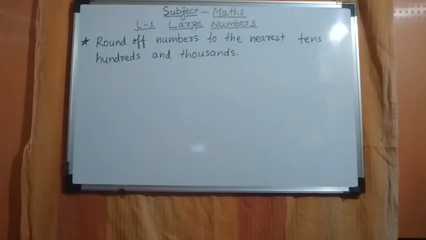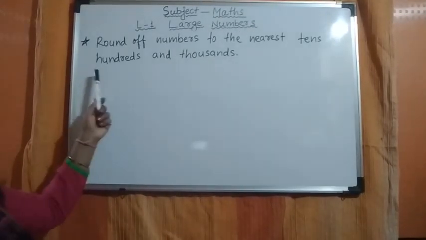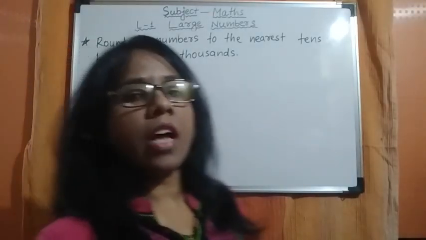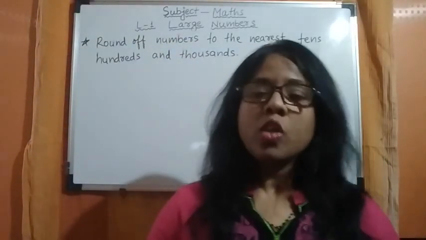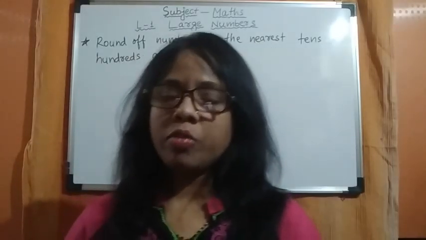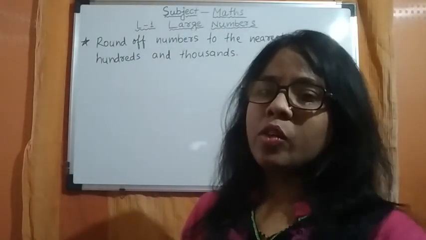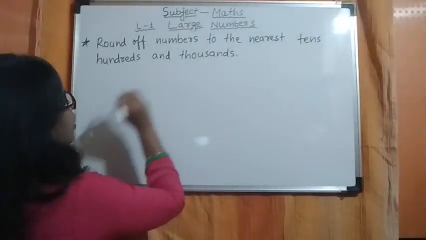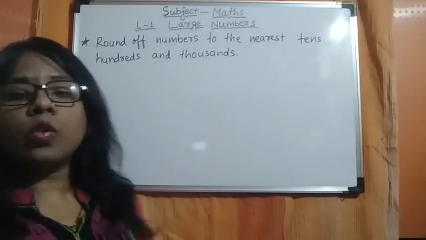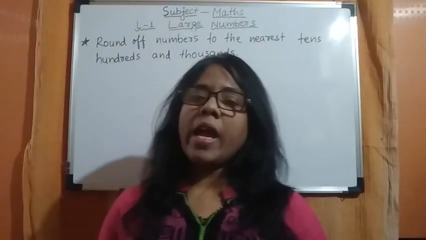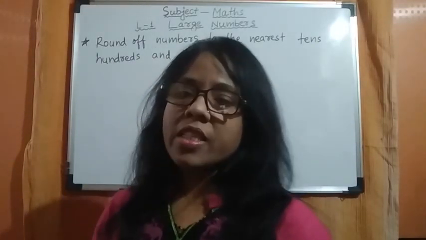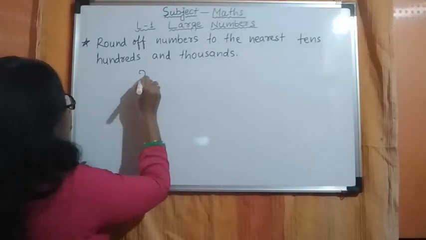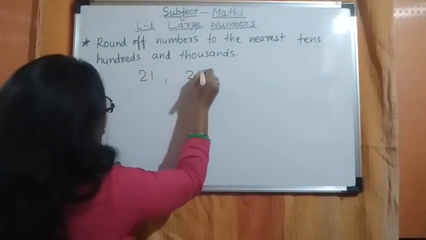Fine. The next important concept is rounding off numbers to the nearest tens, hundreds and thousands. So what is round off? Round off means if you have a number that is difficult to read or difficult to calculate with, you can make your calculation easy by rounding off. I am writing the numbers 21 and 29 here.